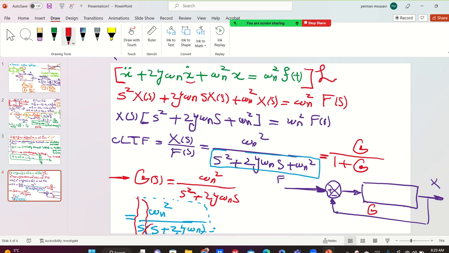So you have to put here omega n squared, and we're going to do this in the simulation, over s times s plus 2 zeta omega n in parentheses. Clear, guys?